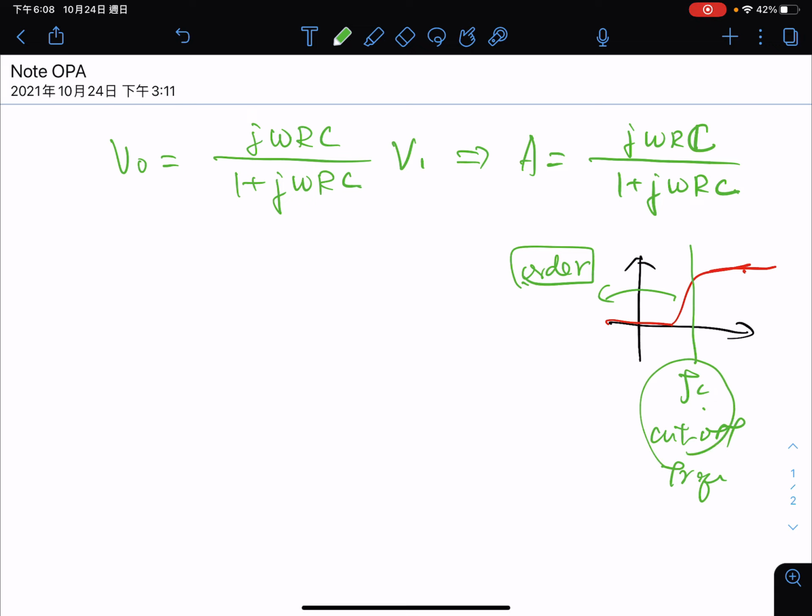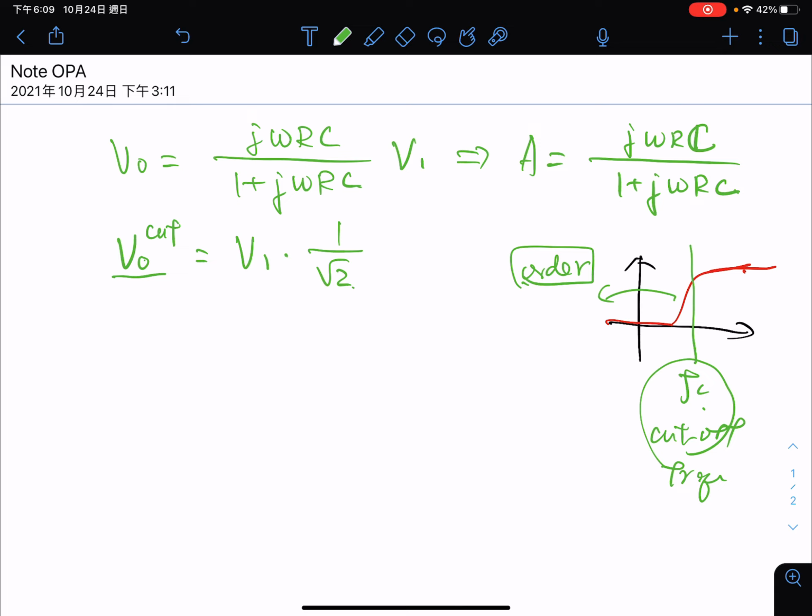The cutoff frequency means that the voltage at the VR at cutoff frequency should be the V in multiplied by 1 over square root of 2, right? Okay, this is the one. So this is the cutoff frequency.